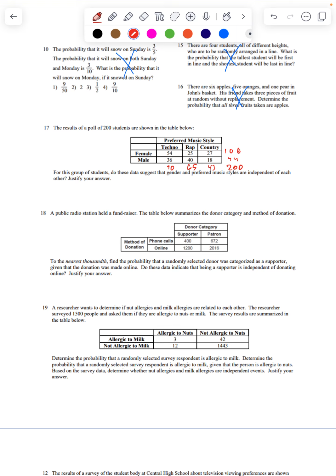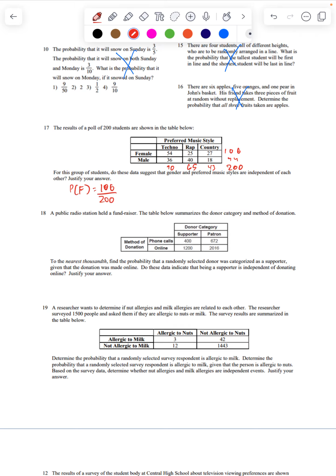So the probability of someone being female. Let's check, right? Are gender and preferred music styles independent of each other? So let's just try female. So probability of a female is going to be 106 over 200. Now let's take a look at preferred music style.